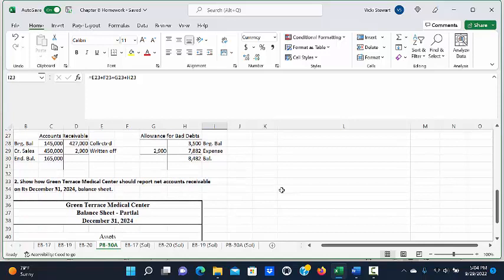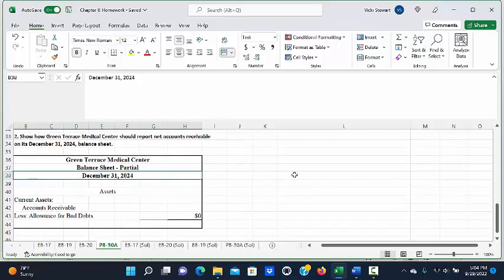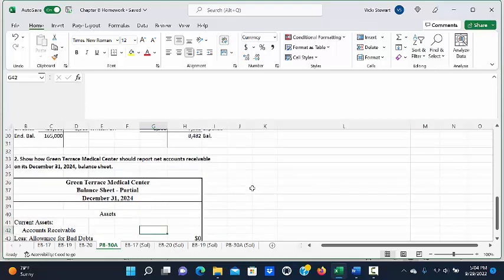In part 2, it asks us to show how Green Terrace Medical Center should report net accounts receivables on its December 31st, 2024 balance sheet, and we have a partial balance sheet for December 31st, 2024 with accounts receivables and subtracting the allowance for bad debt.